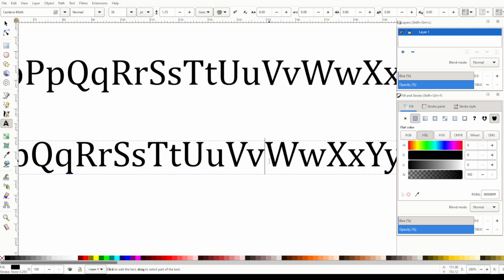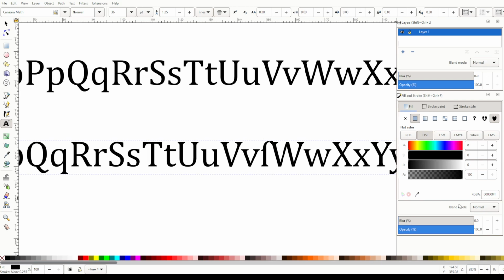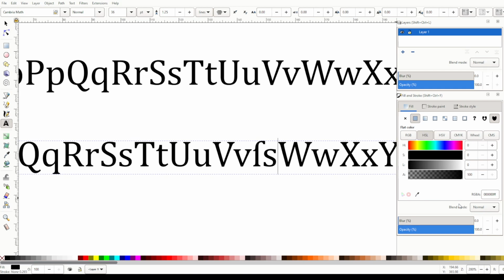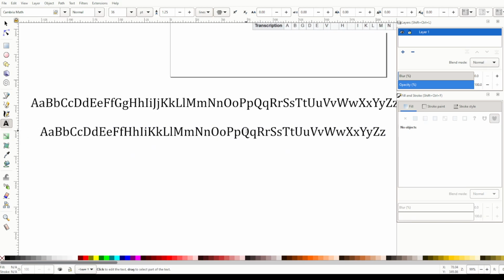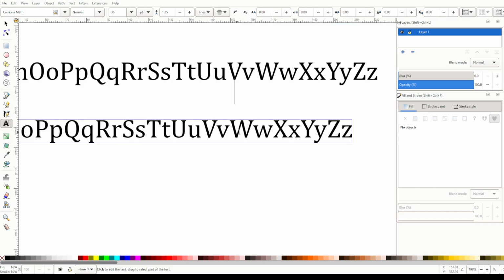So you might be familiar with the long S. So long S is a similar example, where in certain parts of the word you would get a long S, and in other parts you would get round S. And eventually people just stopped using the long S in I think every language.